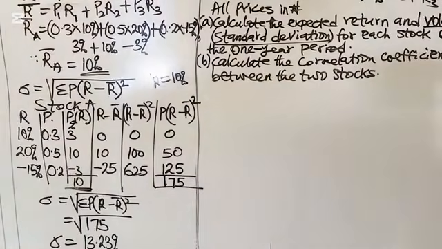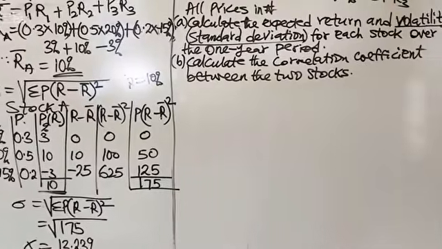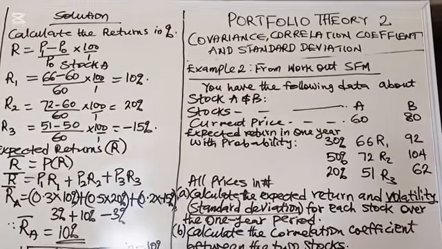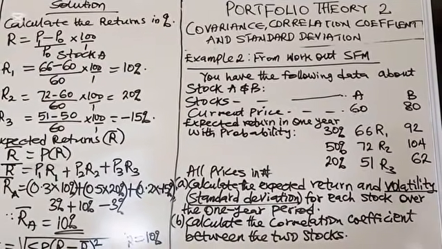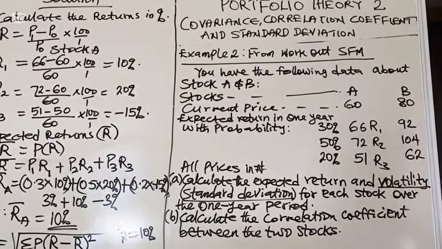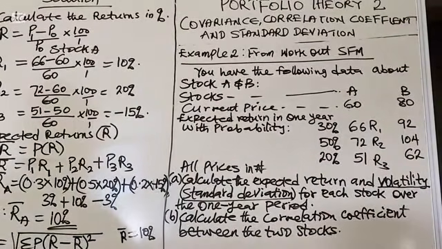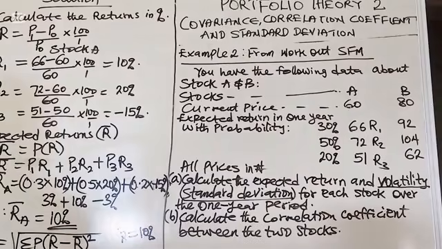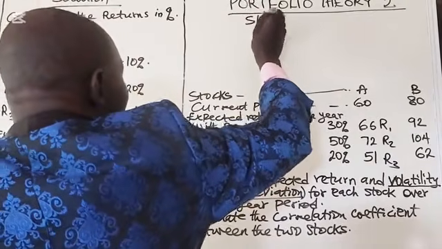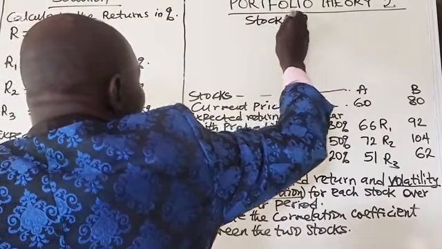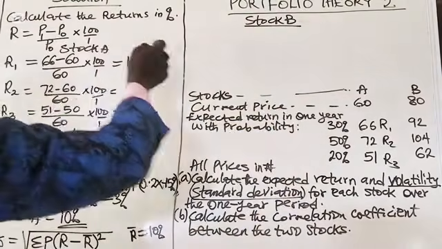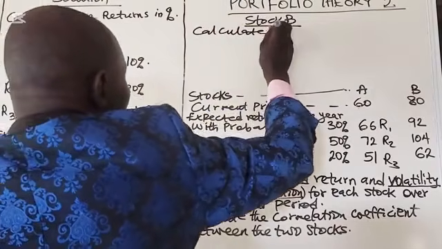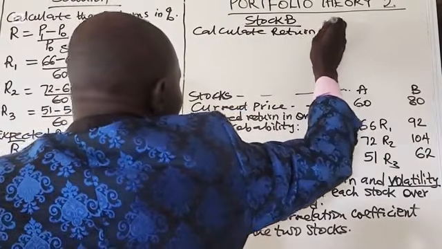We've done that for stock A. Then you want to do that for stock B. So you also start from where we started with stock A, by calculating the returns, the expected returns of stock B. So we want to calculate the return in percentage.